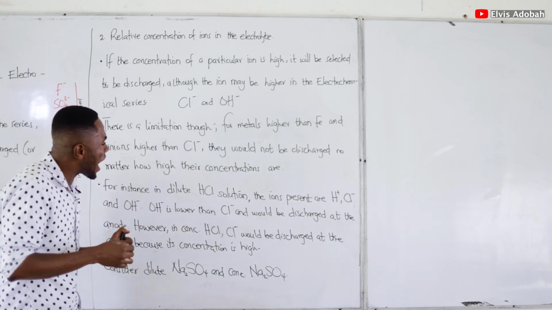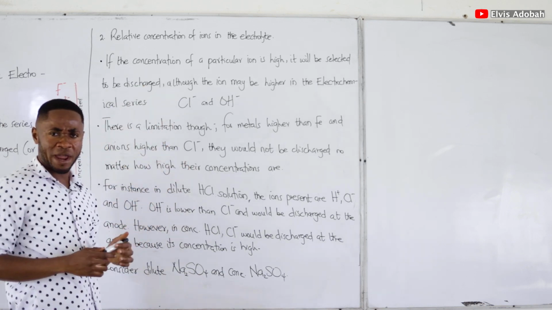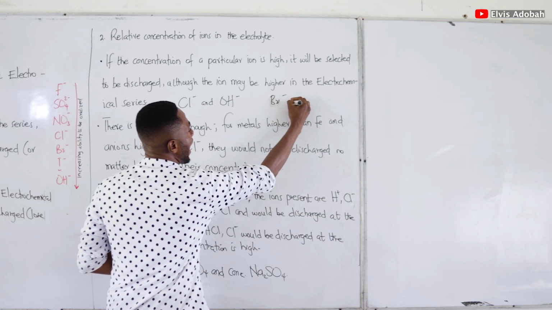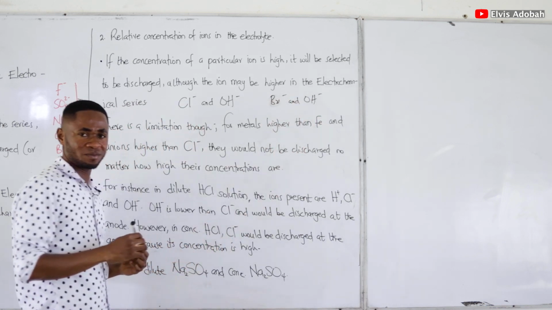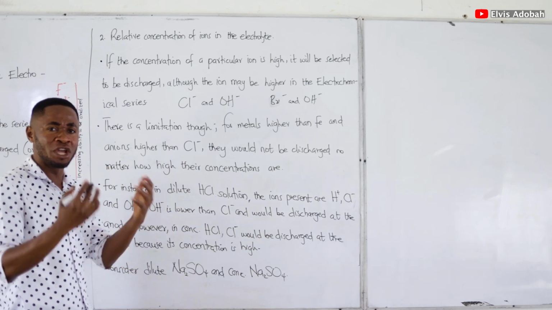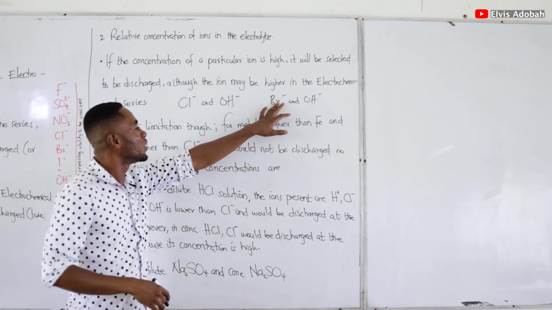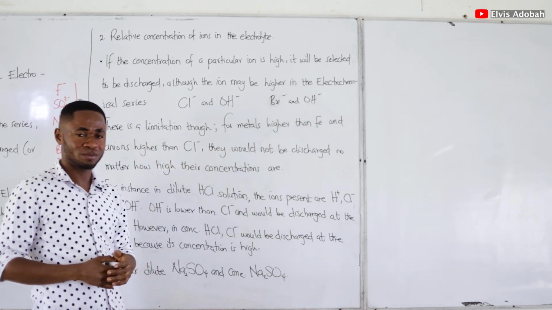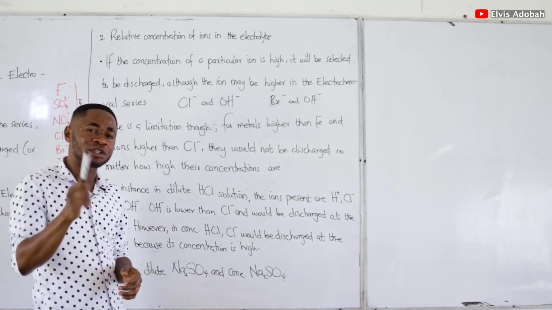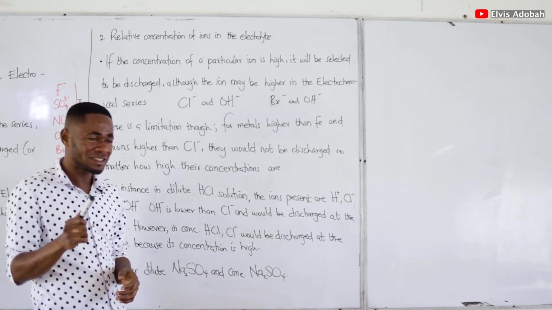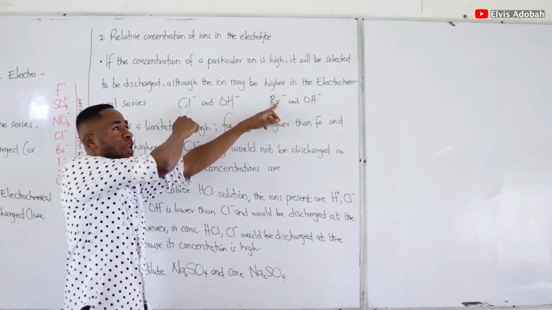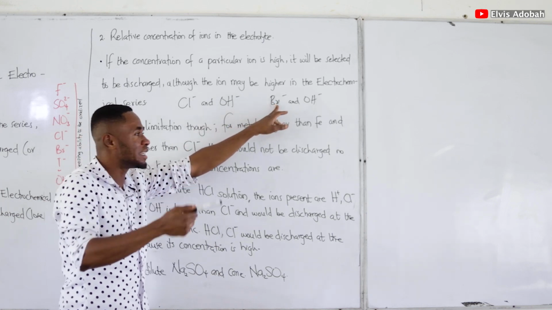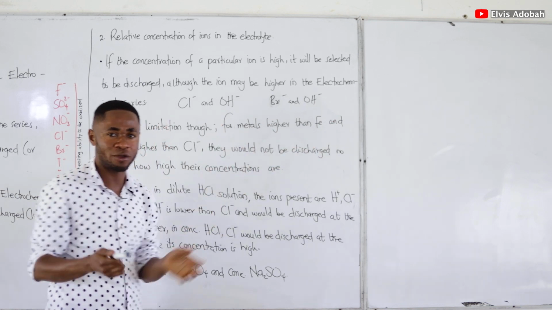But if the ions are chloride or lower than chloride ions, for example, if we have a solution that contains bromide ions and hydroxyl ions, in dilute solution, we know we are going to discharge the hydroxyl ions. However, in concentrated solution, bromide ion is not higher than chloride ion, so this limitation wouldn't affect it. It would rather be discharged instead of the normal hydroxyl ions.